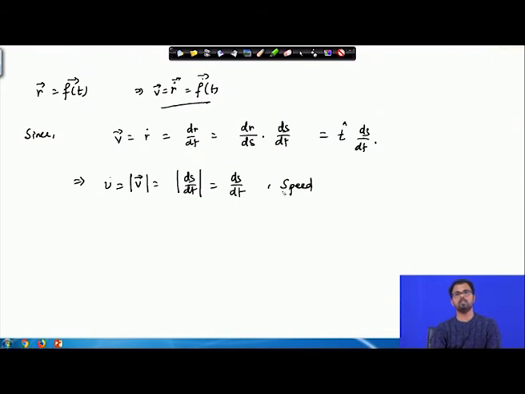As we were saying, speed is a scalar quantity. So, mod of v, the magnitude of v, will give us the speed of the particle P along that curve, and that can also be given by ds/dt. Differentiation of the arc length with respect to t gives the speed, that is how fast the point P is moving along the arc length of the curve.